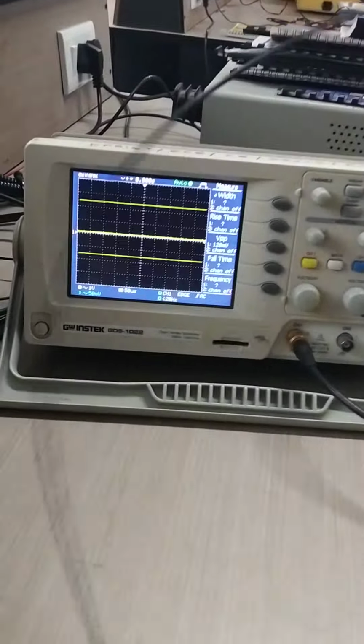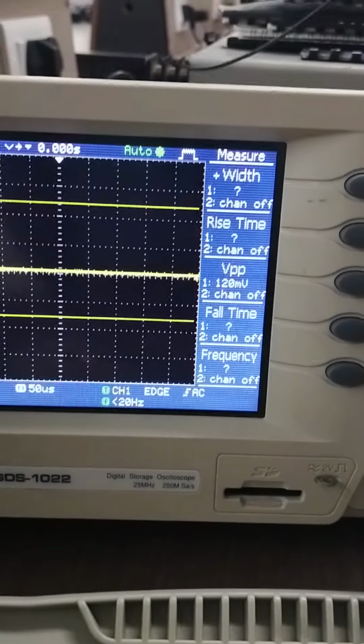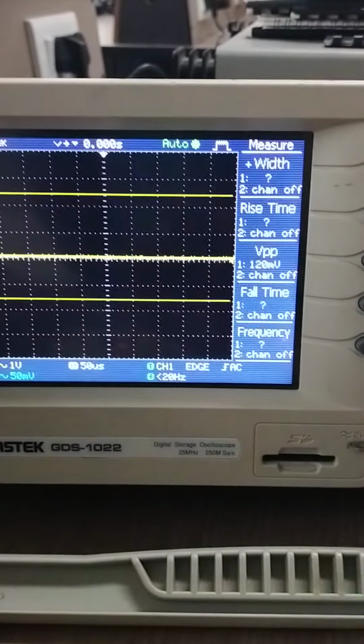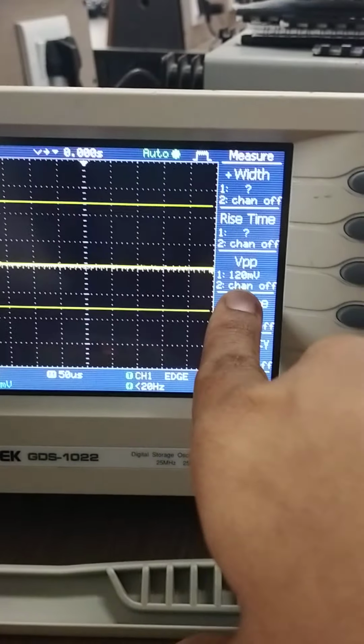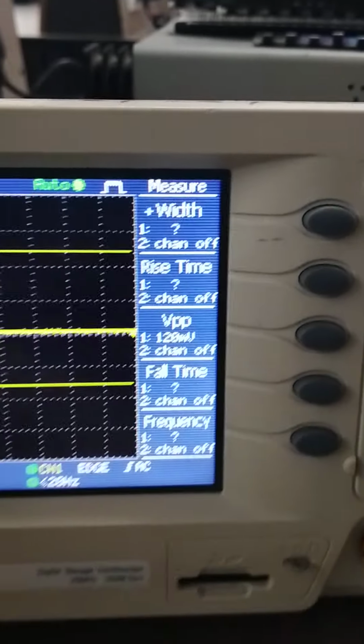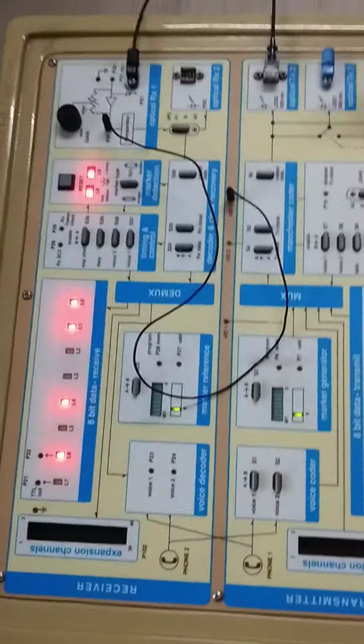While connecting the 3 meter cable, the cable should not have any bendings. You can see we have received only 120 microwatt when compared to our 1 meter cable. This is how the propagation losses occur in our optical fiber cable.